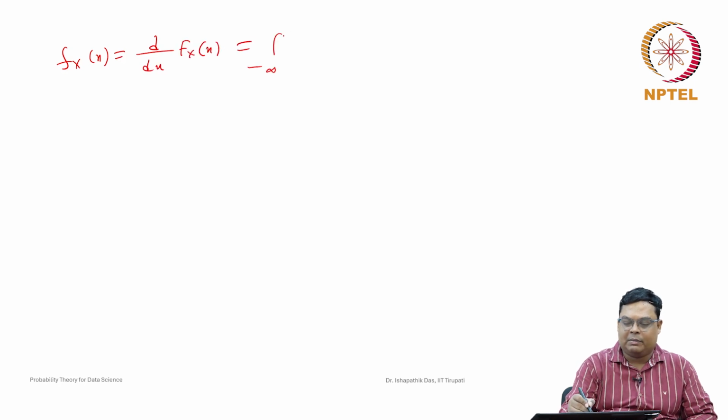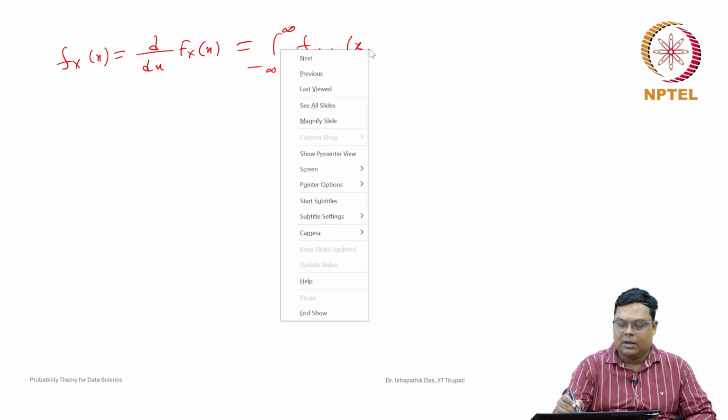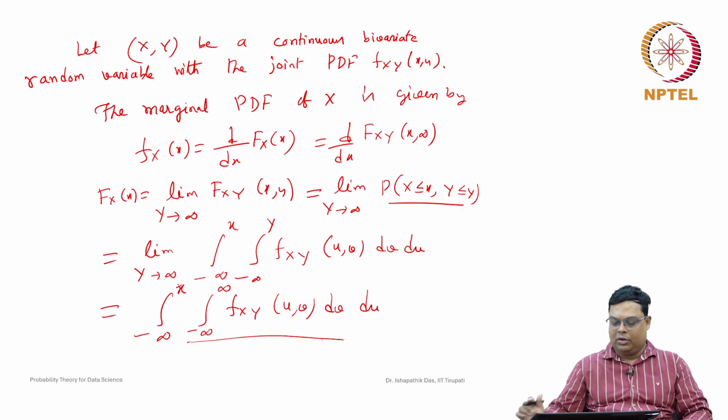This integration is from minus infinity to plus infinity of f_{X,Y}(u,v) dv, where u now becomes x because we are taking the limit from minus infinity to x. If you use these integral rules and take the derivative of this function, it is nothing but the integral from minus infinity to plus infinity of f_{X,Y}(x,v) dv.